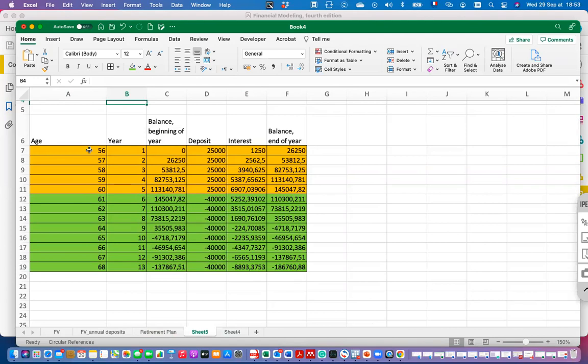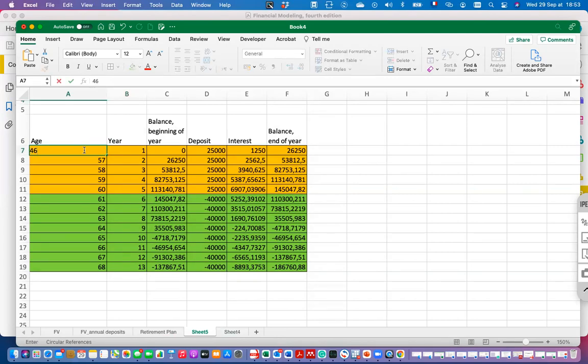Now, in the table you have two parts: the orange part and the green part. The orange part coincides with the deposit phase, and the green part coincides with the withdrawal phase. Let's get back to the data of the retirement plan problem. Currently he is 45 years old, which means he already closed 45 years old and has now started year 46.